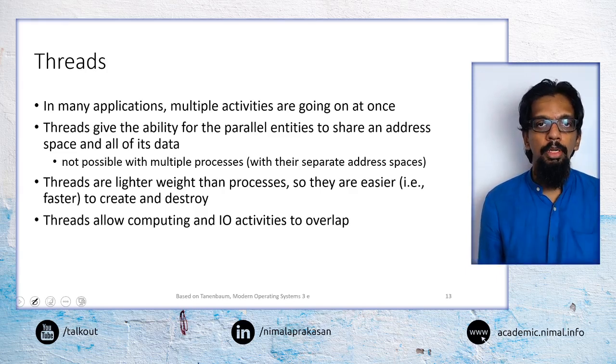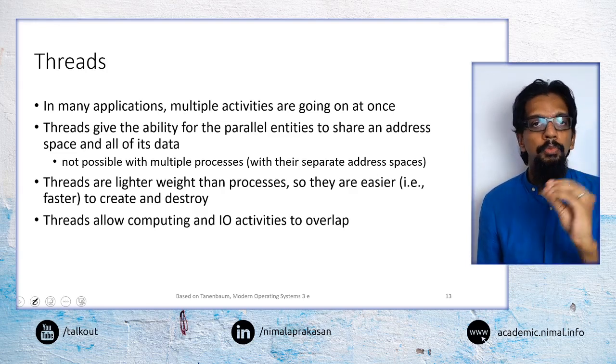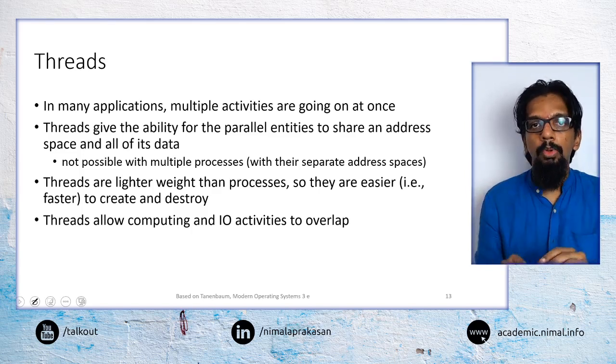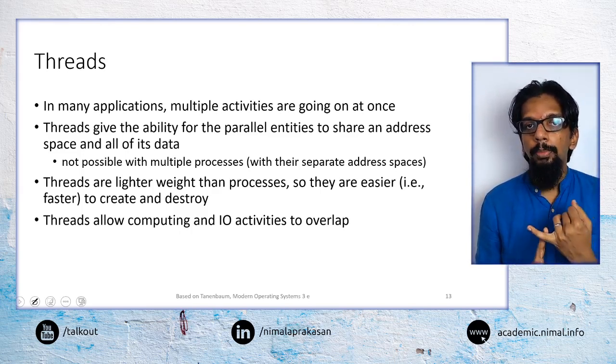Say, for example, a simpler program like a word processor, Microsoft Word or any word processing application. The basic task is you are typing some documents, but while you are typing, there are a number of things that may happen.